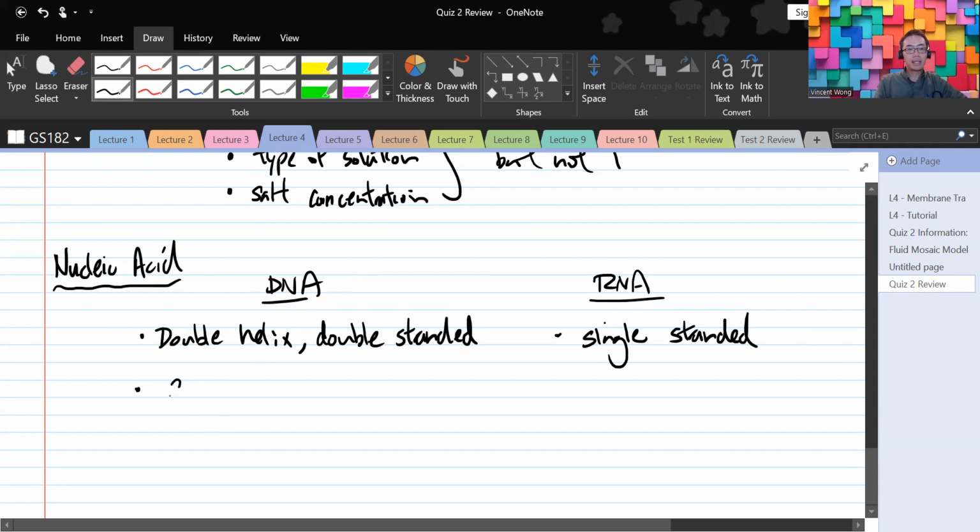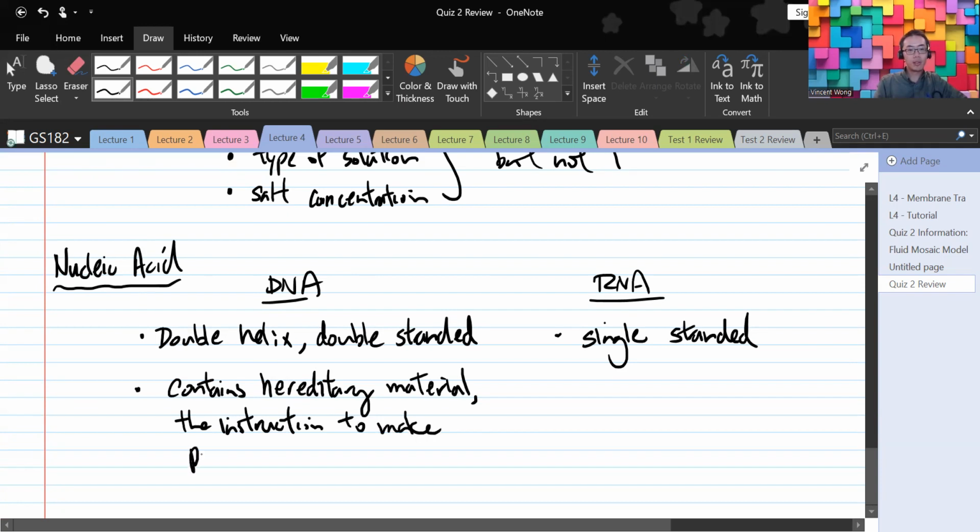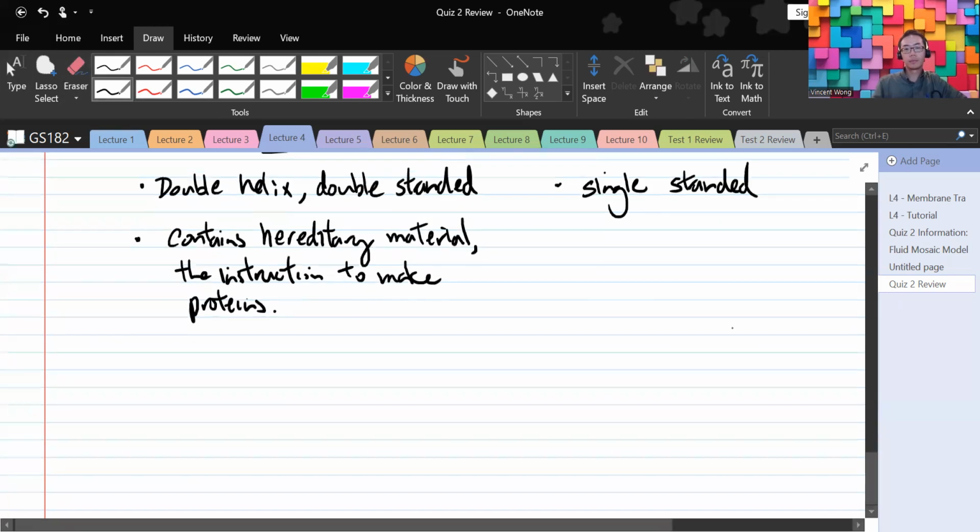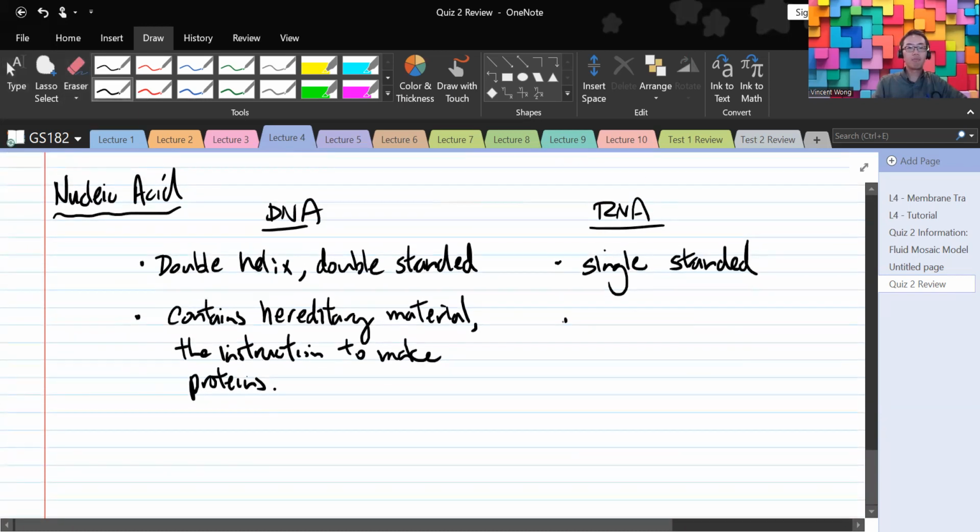DNA contains hereditary material, right? The instruction to make proteins. RNA, we didn't really talk much about the function, but we know there are different types.